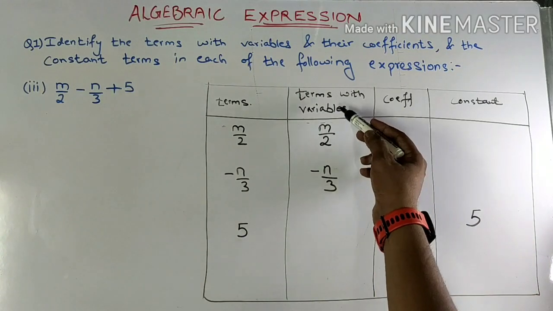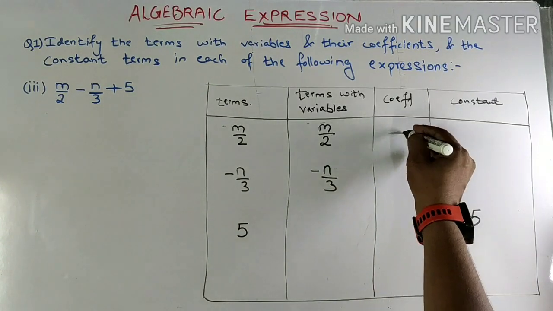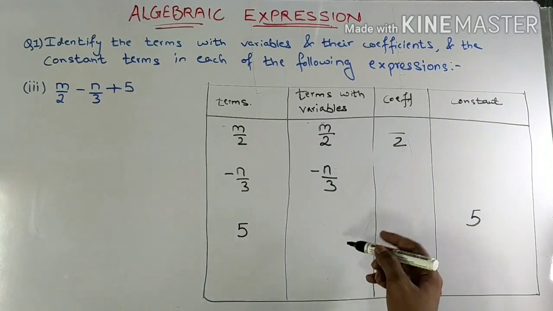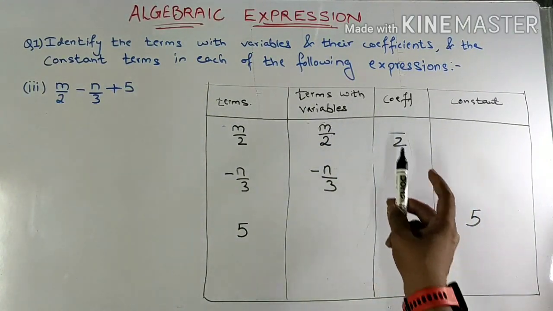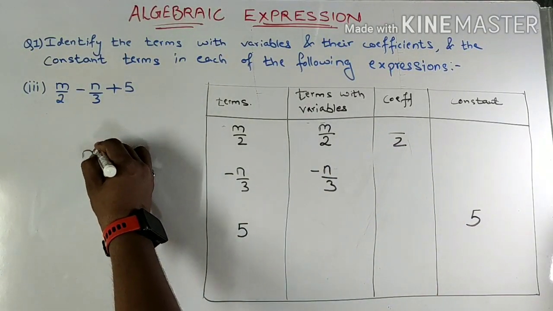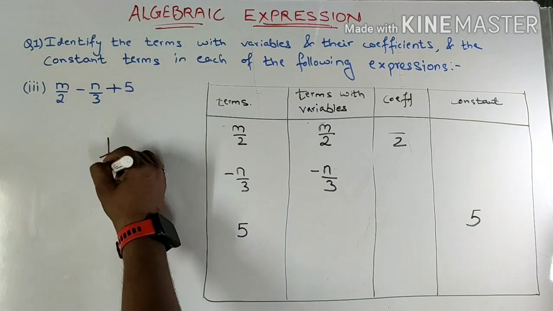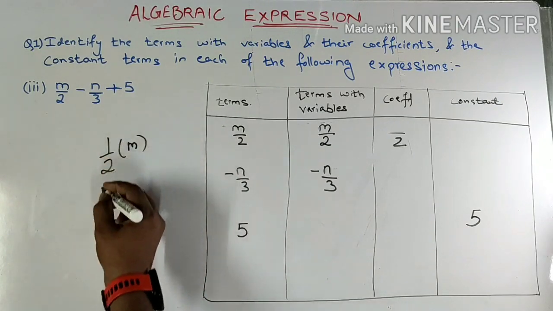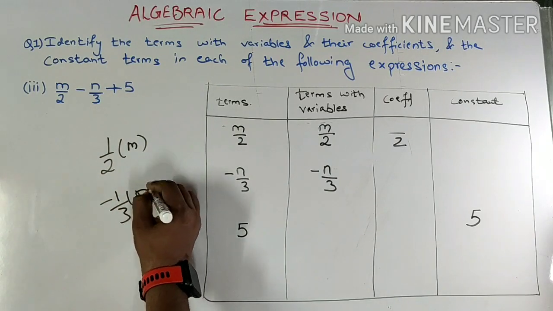Now the coefficient of these variables, how will I write m by 2? Can I write only divide by 2? Because we are supposed to write by removing the variable. So can I write this? No. But if you see this, m by 2 is nothing but half into m, and n by 3 is nothing but 1 by 3 into n.